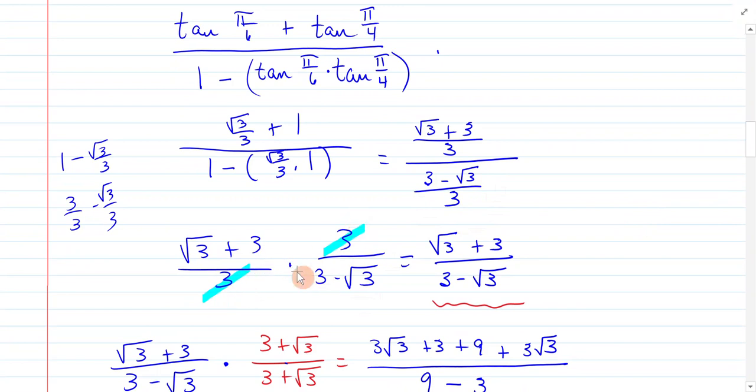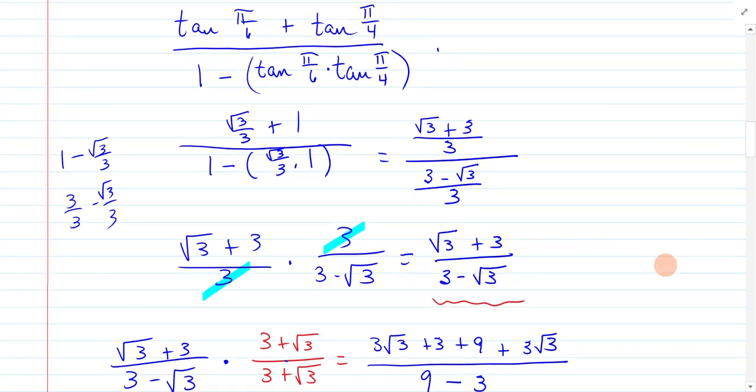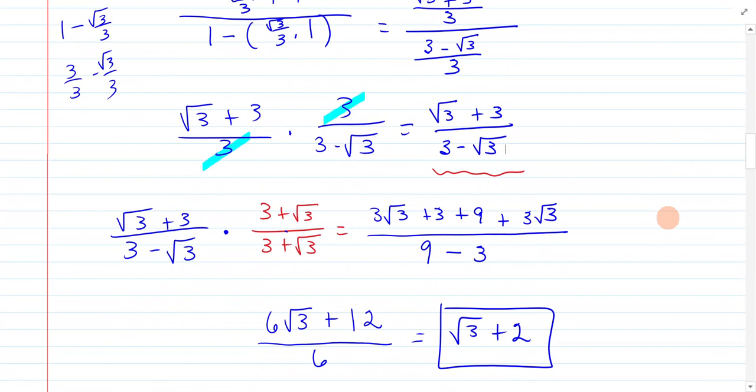The 3's cancel out, so now we have square root of 3 plus 3 over 3 minus the square root of 3. We're not allowed to have radicals in the bottom of a fraction, so we're going to multiply top and bottom by the conjugate of this. If you've had algebra, you'll remember that. And we'll multiply by 3 plus the square root of 3 over 3 plus the square root of 3.